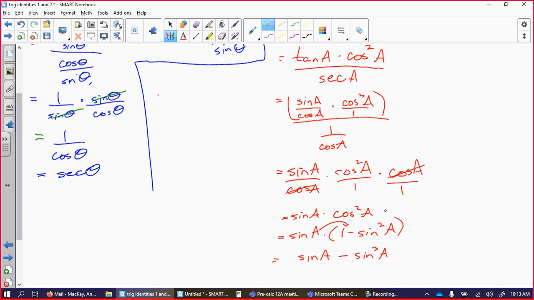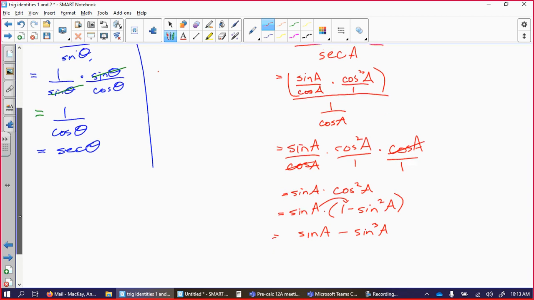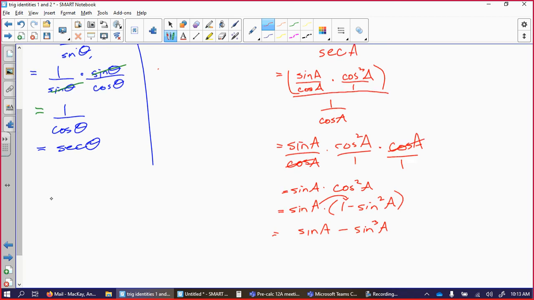In calculus, doing a derivative of this is easier than doing a fraction. So it's trig identities, like Mrs. Legier and myself and Mr. Pellier get all excited for them because they're fun, but it's about manipulation and changing things to a form that you find a little bit more preferable.